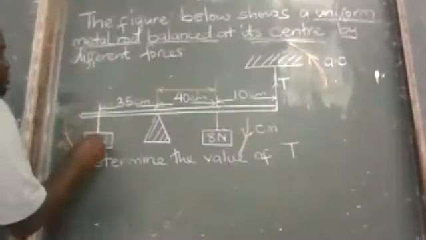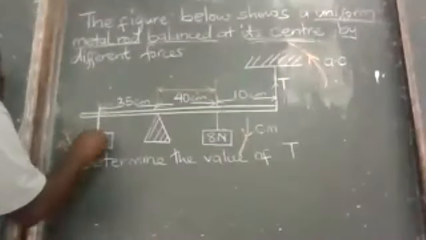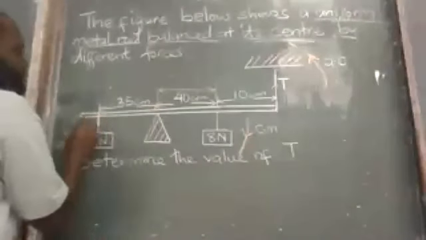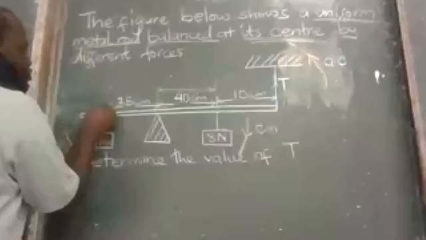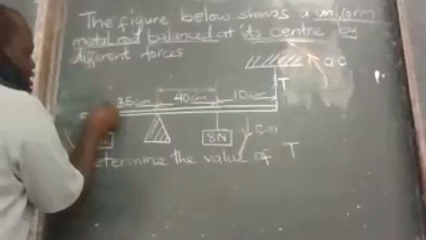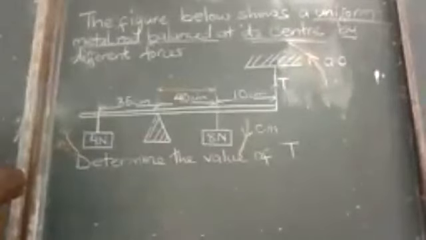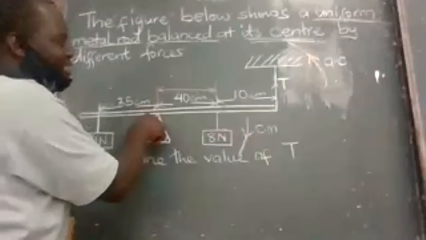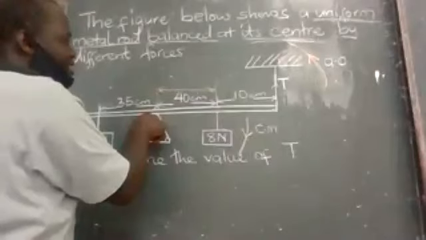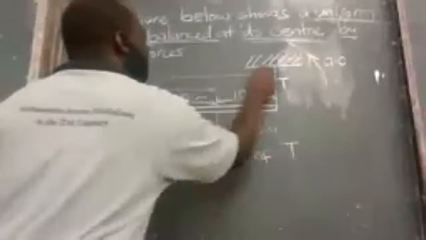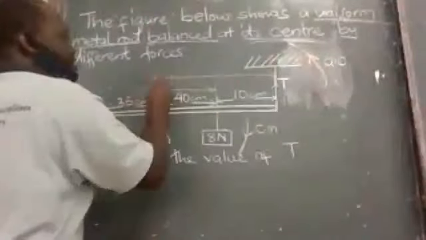Then the one from the line of action of the 4 newton force to the turning point is also very clear. Who can tell us that distance? 35 centimeters. Wonderful. Then we come to the last force, T. What is the perpendicular distance of this force T from the line of action to the turning point? 50 centimeters. Wonderful.